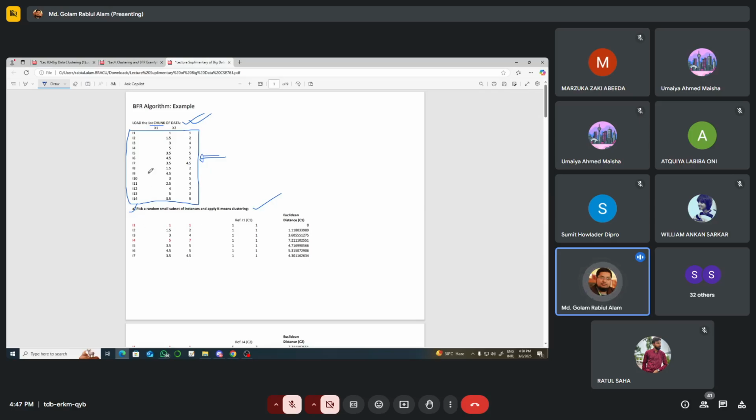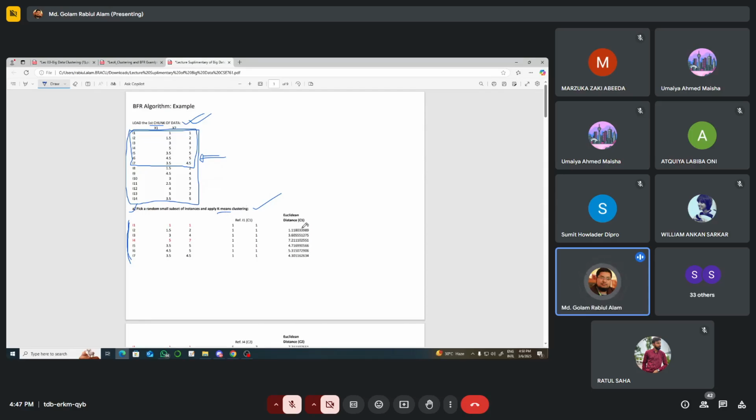In this case, I assume that I just picked 1 to 7. That means I just sampled this part of the data, I1 to I7, and then apply the k-means clustering algorithm, and we know how to apply that.